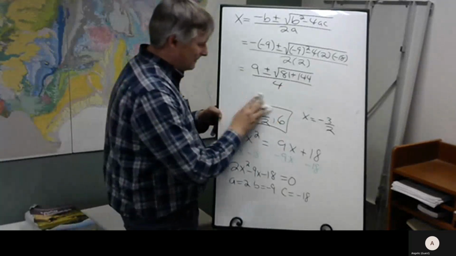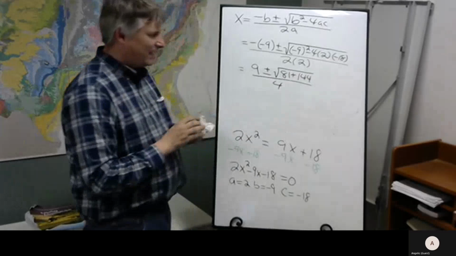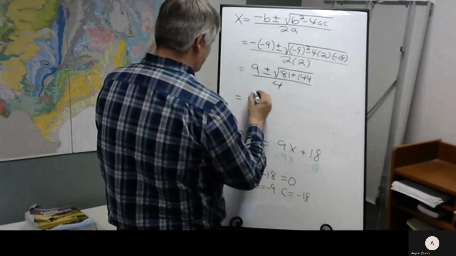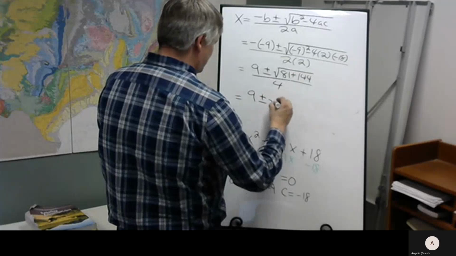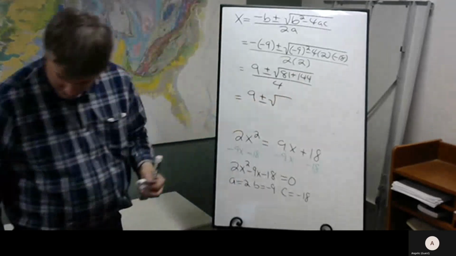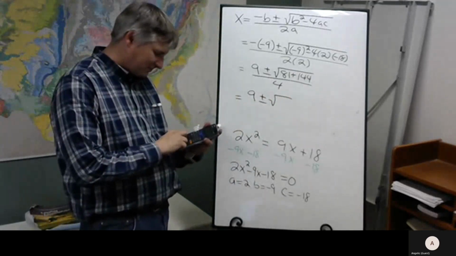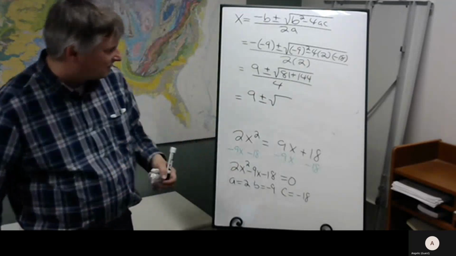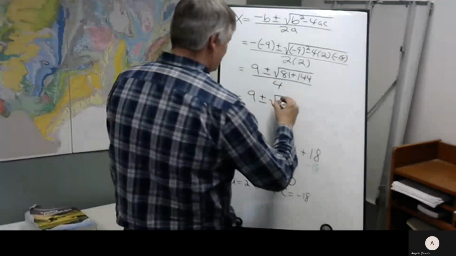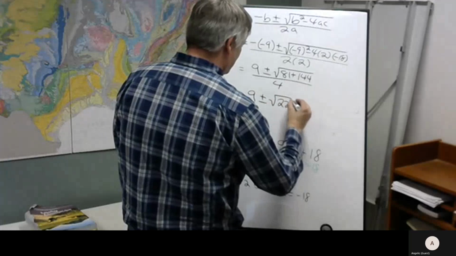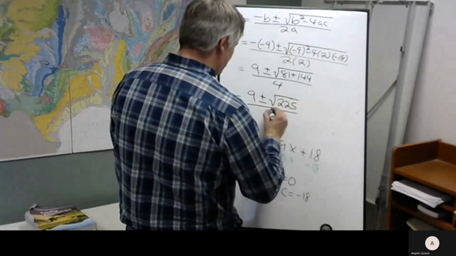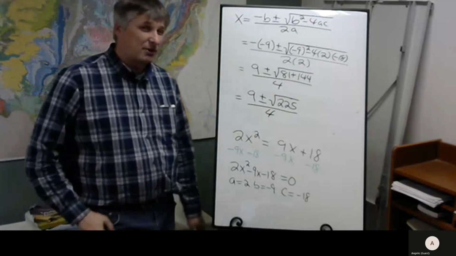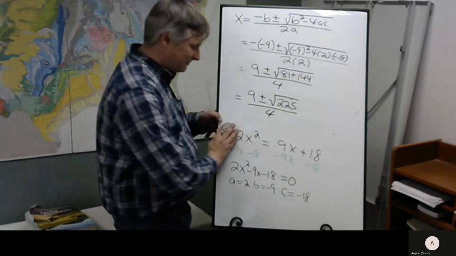So 81 plus 144. So we got 9 plus or minus square root of 225.